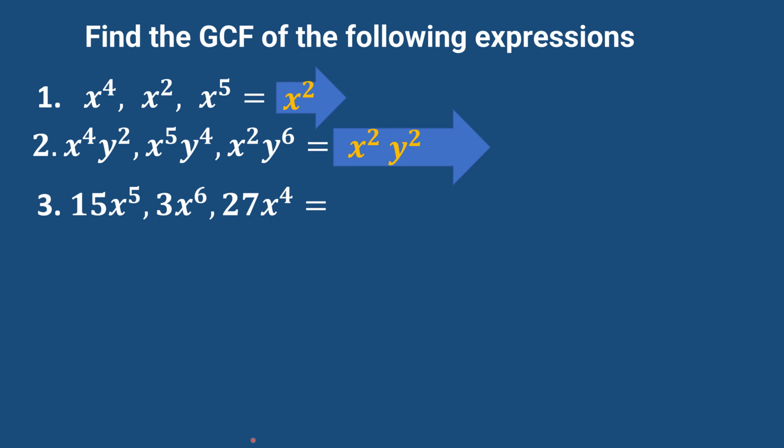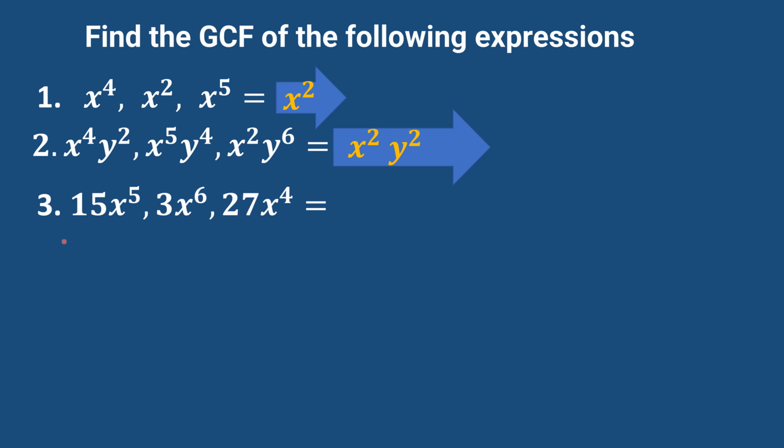Let's proceed to number 3. Okay, so far we have terms which are a combination of a constant and a variable. So our constant this time is other than 1. It's not the same as number 1, because our numerical coefficient there is understood as a positive 1.